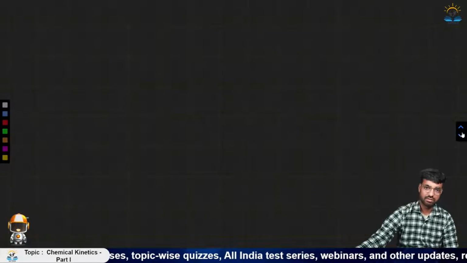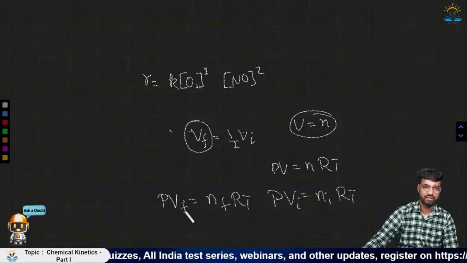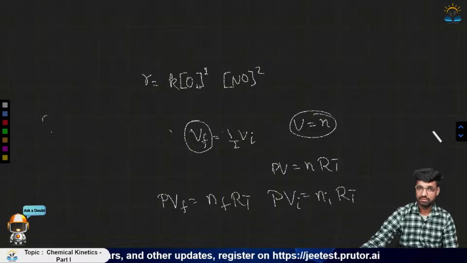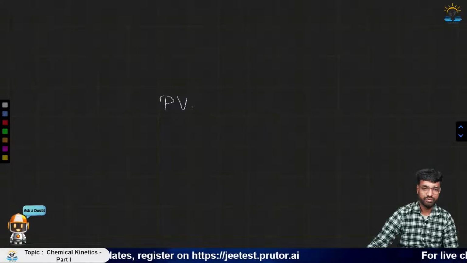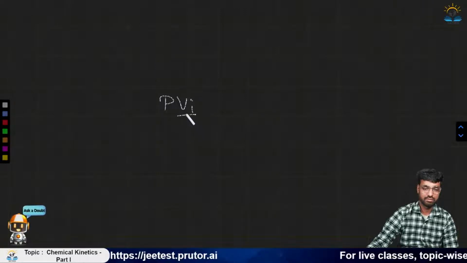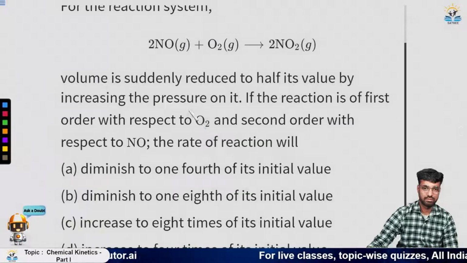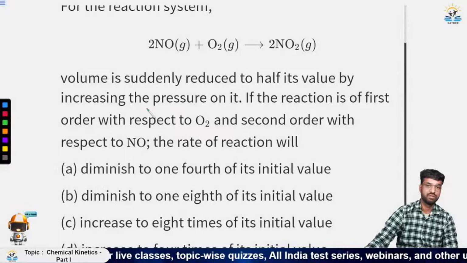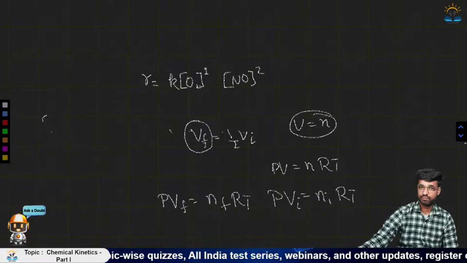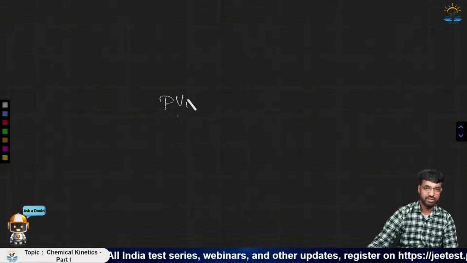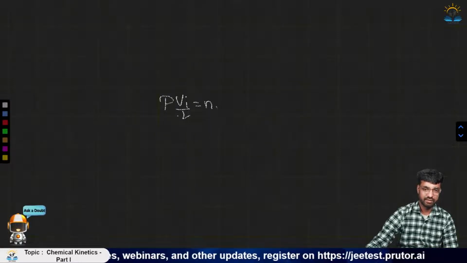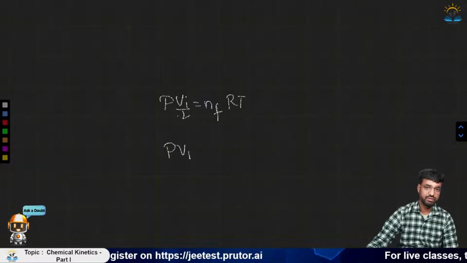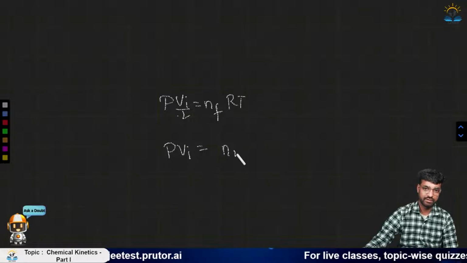Further, if we replace V final by V initial by 2, it will be P V initial by 2 is equal to n final RT, and similarly P V initial is equal to n initial RT.